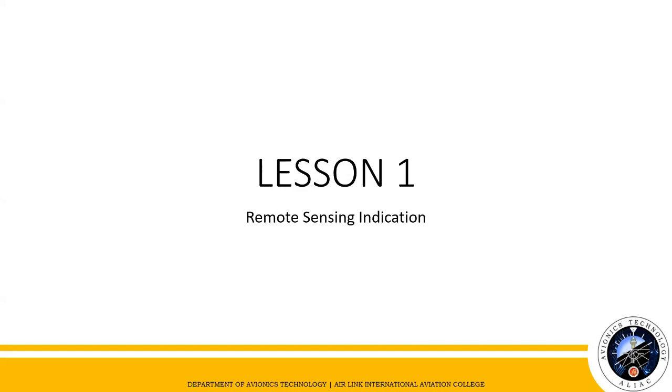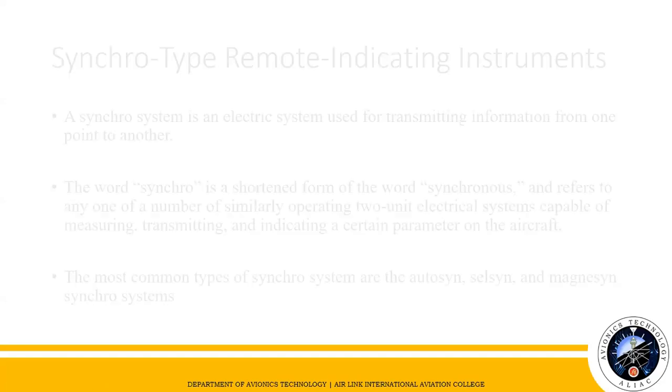So an output section of the computer then transmit it electrically or digitally to the cockpit for display. So yung remote sensing instrument system operate with high reliability and accuracy, and they are powered by the aircraft electrical system.